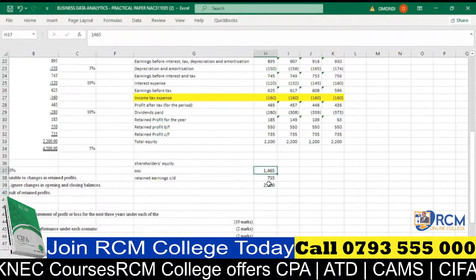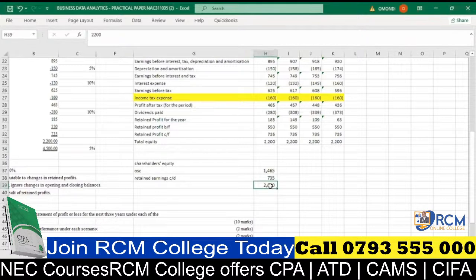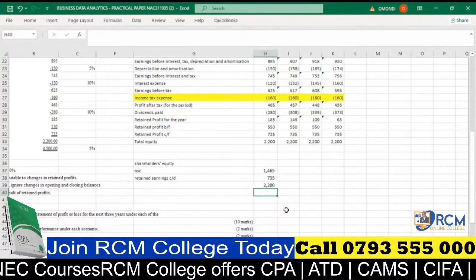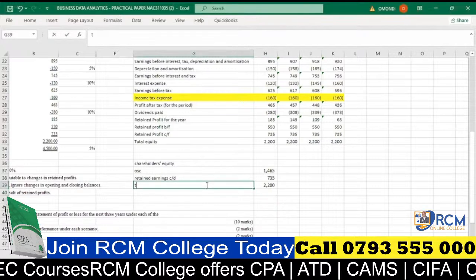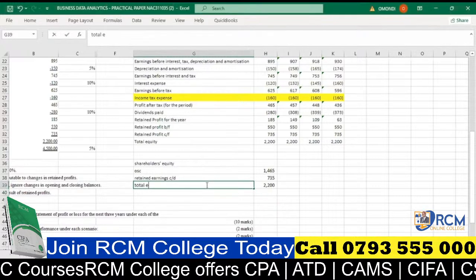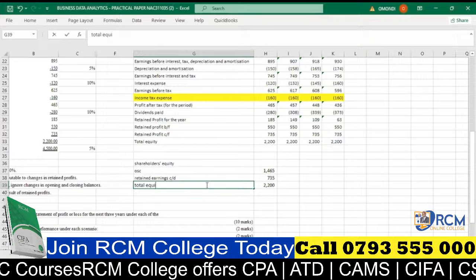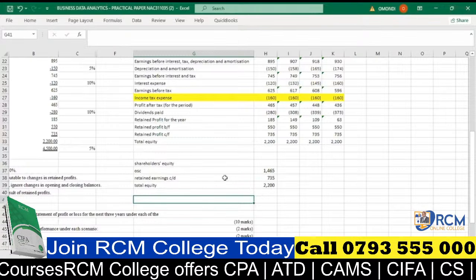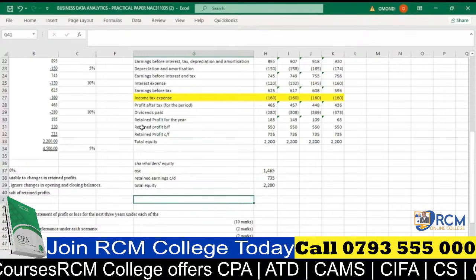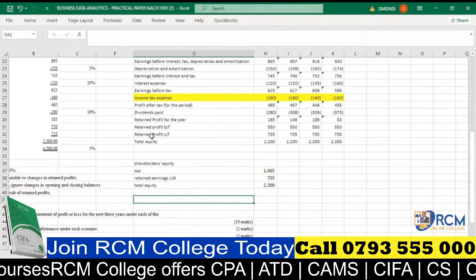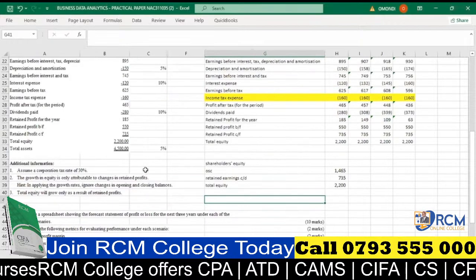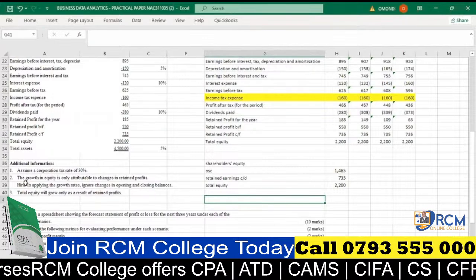So it means if I bring 1465 and add these two, I will be able to get my shareholders or total equity. Total equity is equivalent to 1645. And the examiner is telling you something that is very interesting here.